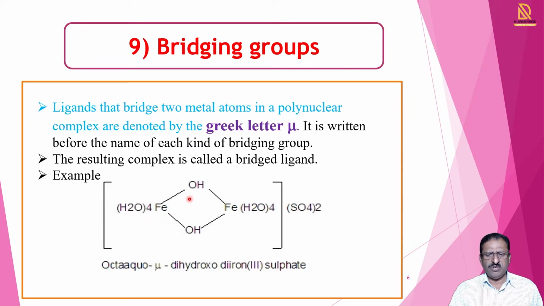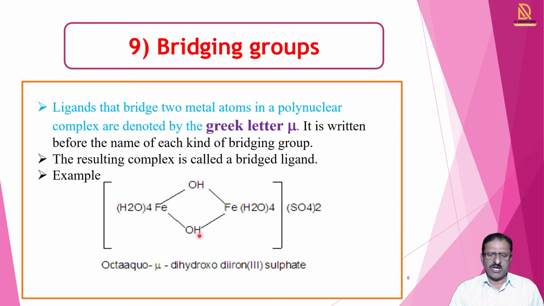Instead of the negative ligand, we can write the neutral ligand first, because here the negative ligands are attached to the metal, so they are shown close to the metal. So firstly we write the aquo ligand, that is eight aquo ligands, so we write octaaqua. Then we write the hydroxyl ligand.